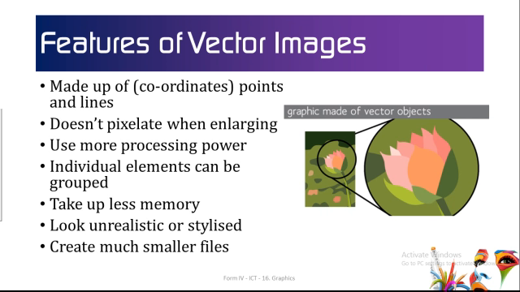Individual elements can be grouped. Yes, shapes and lines on the picture if you have drawn, we can group them and create one object. Take up less memory, look unrealistic or stylized, and create much smaller files. That means compared to bitmap images, vector graphics use small storage capacity.